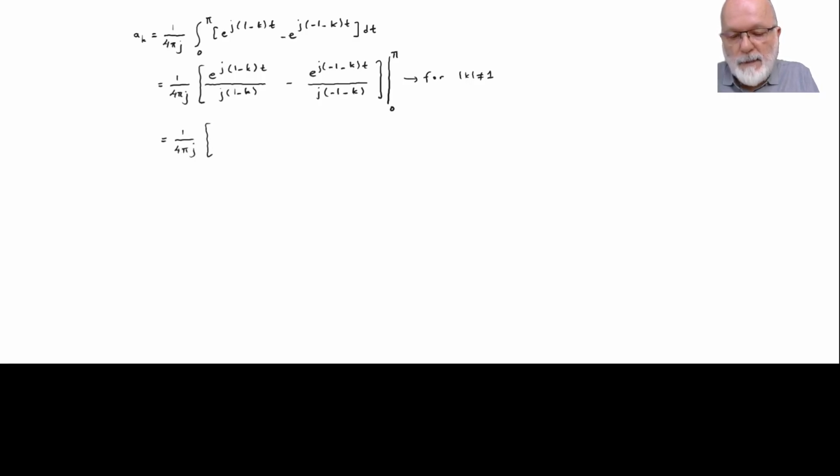Then we have e to the j. Let us write this complex exponential as the product of two complex exponential terms, e to the j pi, e to the minus j k pi.